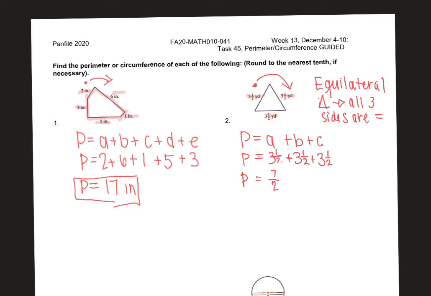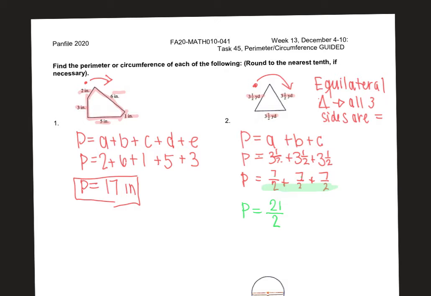So that's 7 over 2 plus 7 over 2 plus 7 over 2. I love this because they have like denominators. If you remember from our fraction section, our bottoms are the same. So we are going to just simply add the tops. So 7 plus 7 plus 7 gives me 21, or 7 times 3. And I keep the bottom as is, which is a 2.